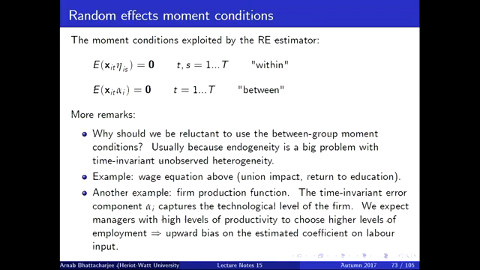Okay, but the question is, why should we be reluctant to use this moment condition? Well, because in many economic situations we really don't believe this. See, the point is the following. If this condition were correct, then we could have done pooled OLS as well, right? The reason we moved out of pooled OLS was because we suspected that there might be individual-specific heterogeneity which is potentially correlated with the included regressors.